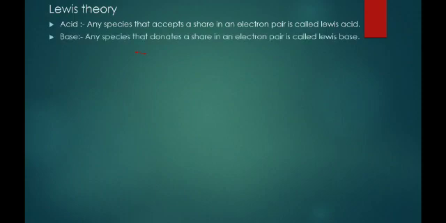Any species that donates a share in an electron pair is called a Lewis base. It means an electron pair donor is called what? Lewis base. Now listen, Bronsted-Lowry theory depends upon the proton donor and proton acceptor, that's why acid is a proton donor and base is a proton acceptor, which is the H plus ion, but Lewis theory is based on the electron pair.